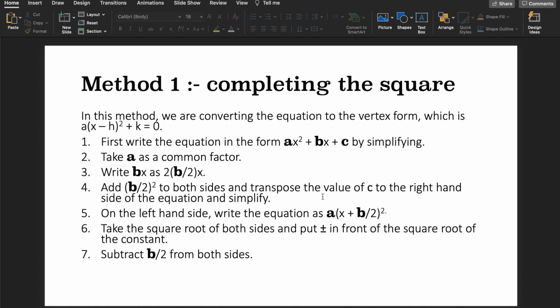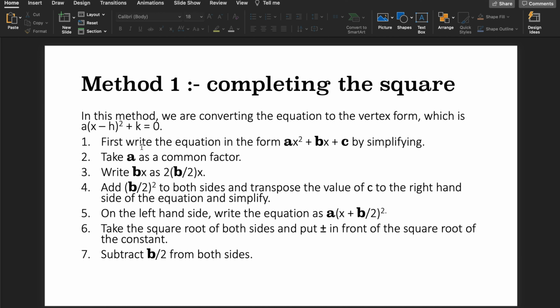So the first method, we'll see what exactly to do. In this method, we're basically trying to convert the equation to the vertex form, which is written right here. It gives you the coordinate of the vertex, which is h comma k, where h is the x coordinate of the vertex and k is the y coordinate.